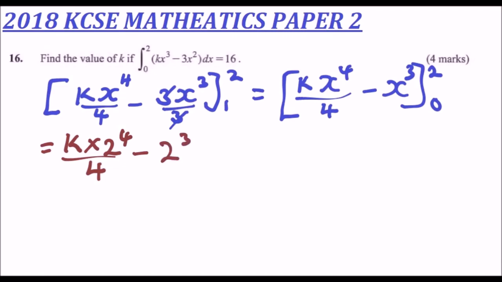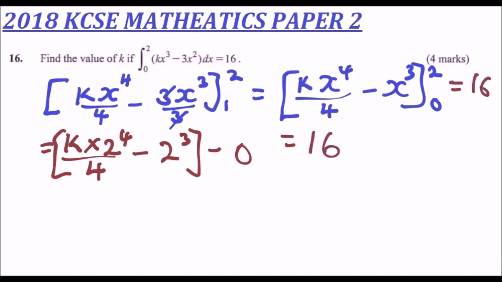That is the first limit. You put the square bracket, minus, we now substitute 0, and when you substitute 0, because we have x in one term and x in the other term, it is 0. Of course, this is equal to 16. We are supposed to put 16 there.